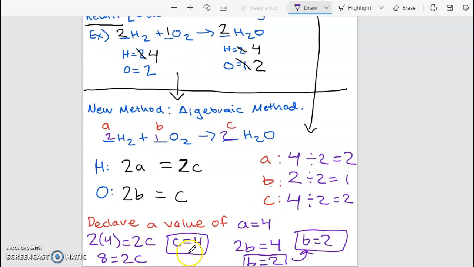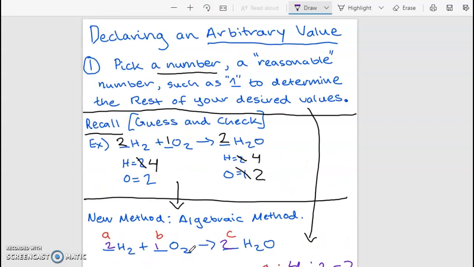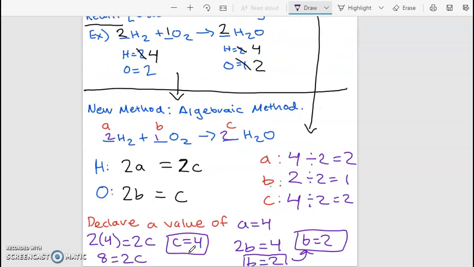And so remember, when we declare a value, I think this is the hardest part in my opinion, declaring a value, because we're so used to doing a very rigid process. But sometimes in math you have to start with givens. You have to suppose something. So like saying, I suppose that a is equal to 4.